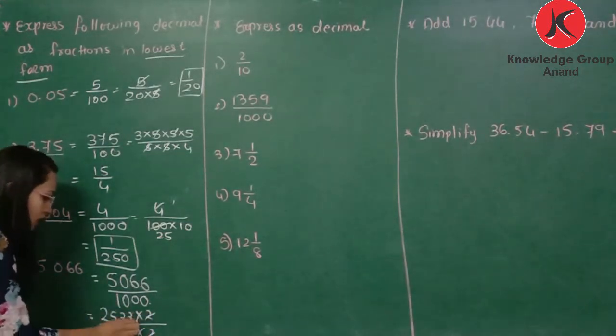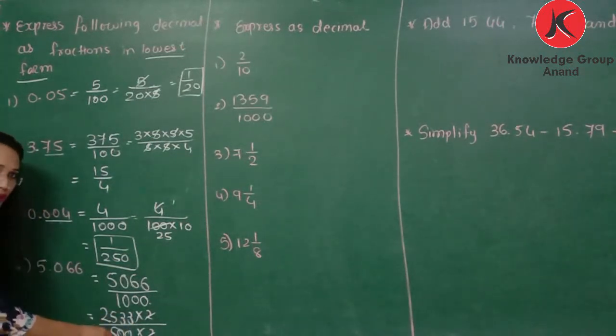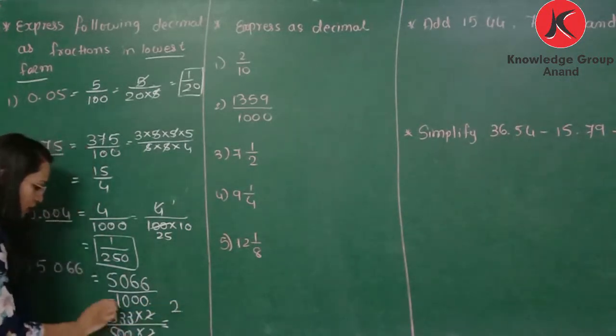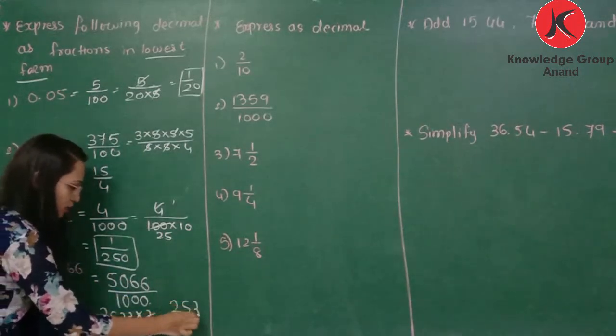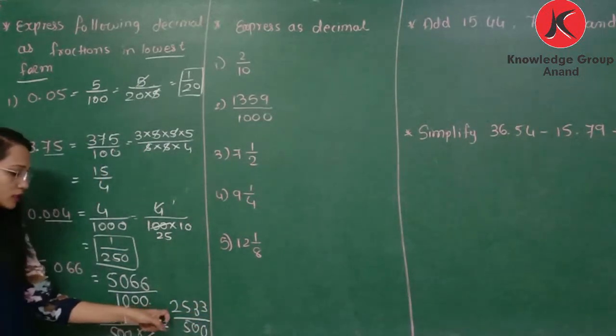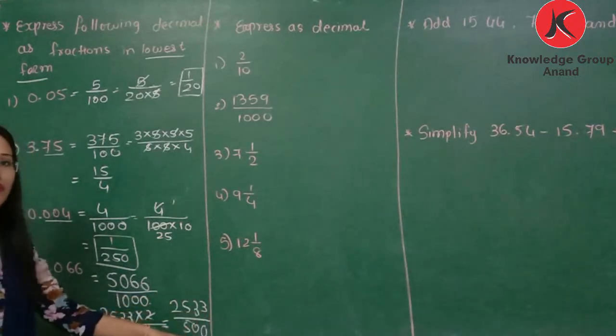Now we cannot get any common factor between 2533 and 500. So the lowest form of this fraction is 2533 divided by 500. Why? Because there is no other common factor between 2533 and 500.